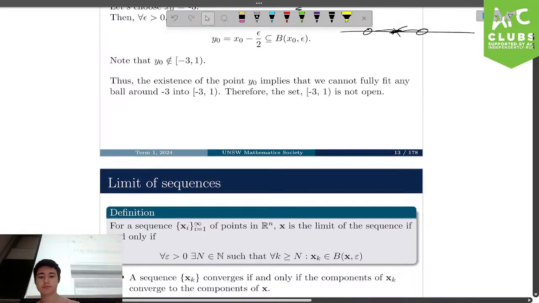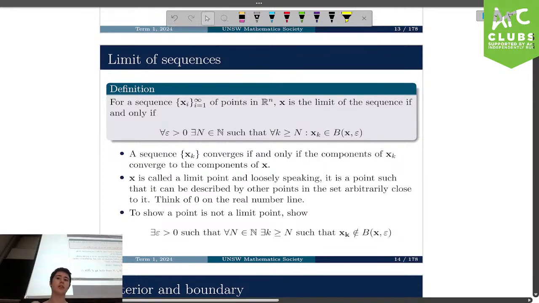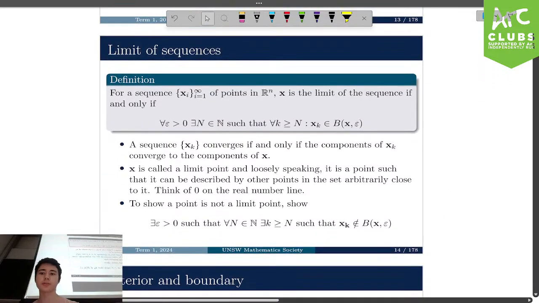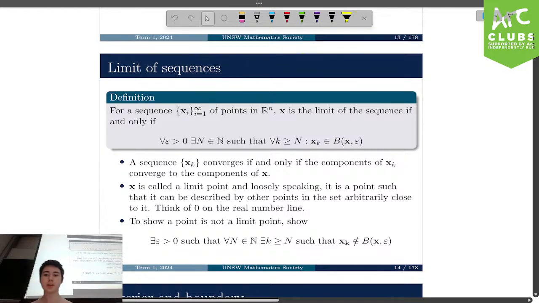Fantastic. We'll dive into what a limit of a sequence is and what limit points really are. That'll be our next component. So, first up, our definition.